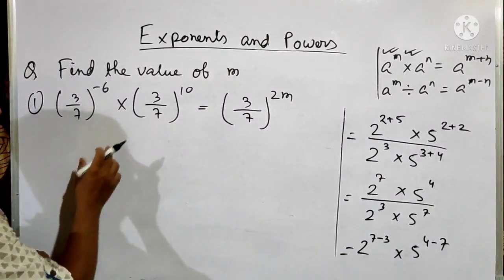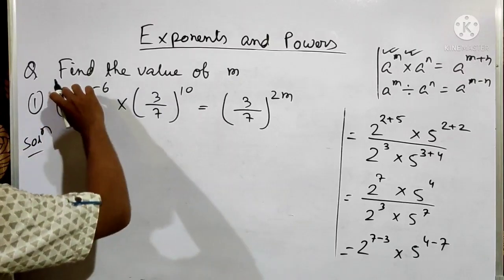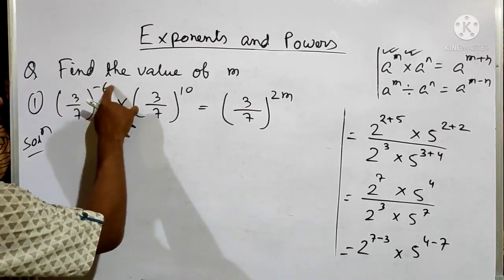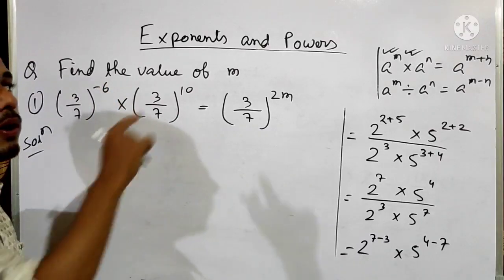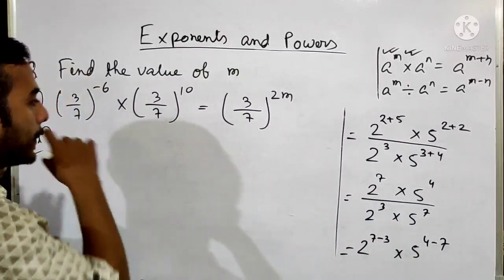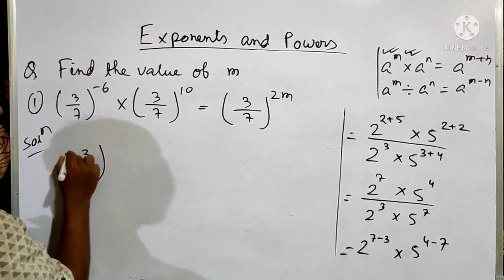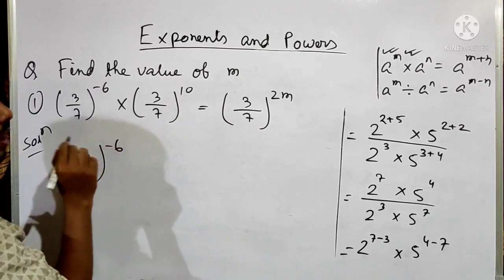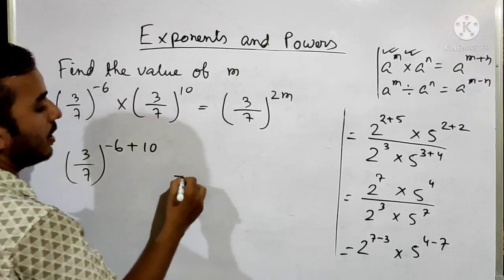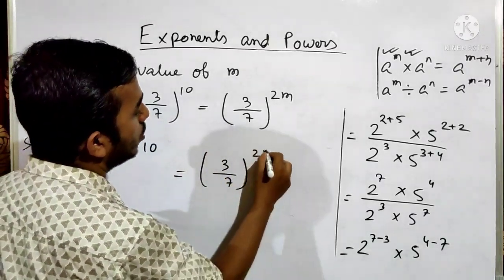Look how we solve. Here we'll consider a as 3/7. A power m into a power n is a power m plus n. So we'll write a power m plus n equals 3/7 power 2m.